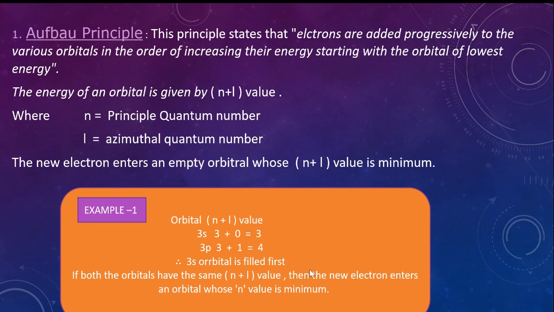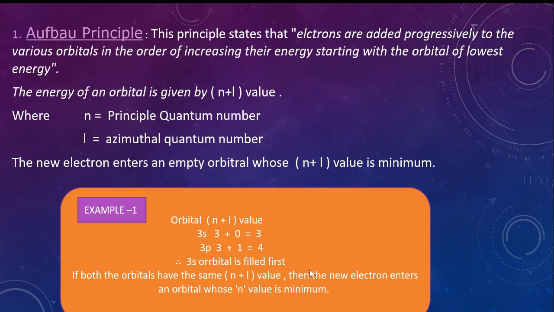For 4s the n plus l value is 4, and for 3p also the n plus l value is 4, but the n value is less for 3p. That's the reason the electron will first enter 3p and then 4s. Okay? So this is about the Aufbau principle.